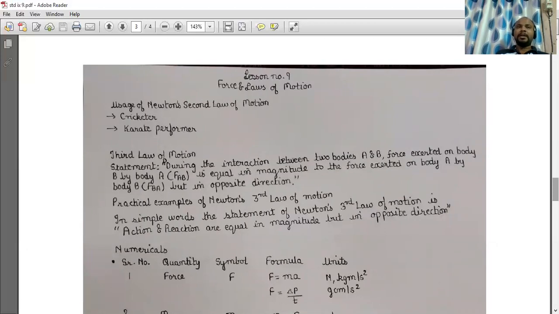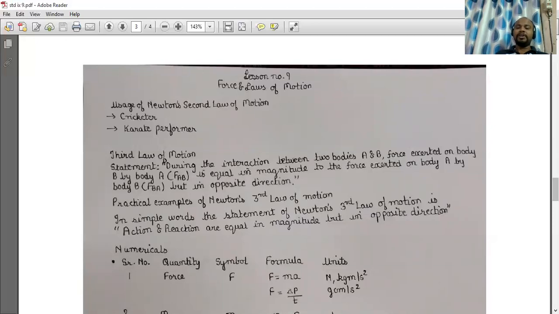When a gun is loaded with a bullet and when we strike it, it moves with a greater velocity towards the target, but the gun is pushed backward, which is also an example of Newton's third law of motion. So in simple words, the statement of Newton's third law of motion is action and reaction are equal in magnitude but in opposite direction.